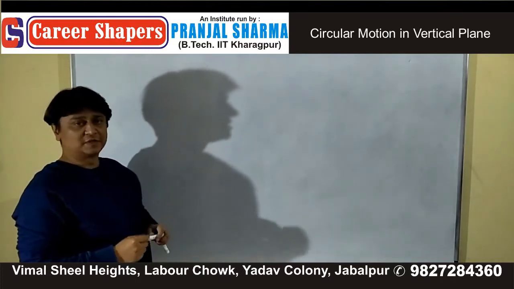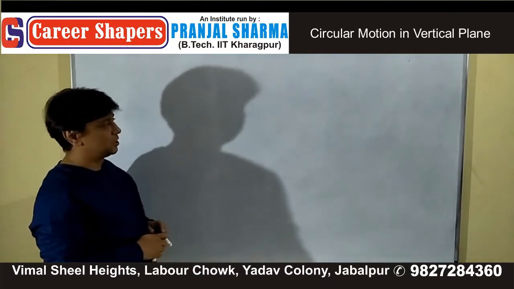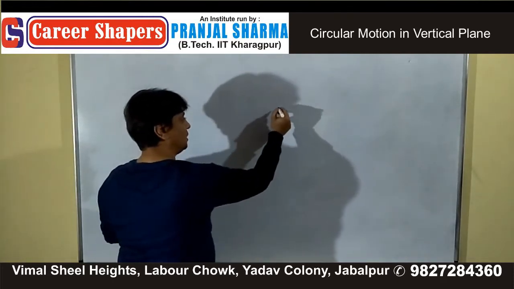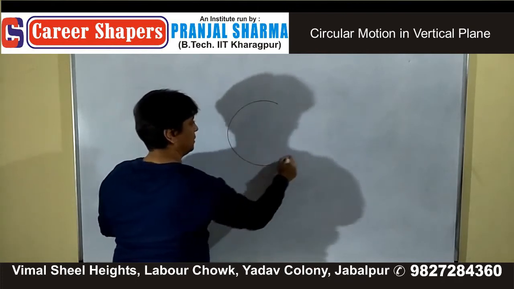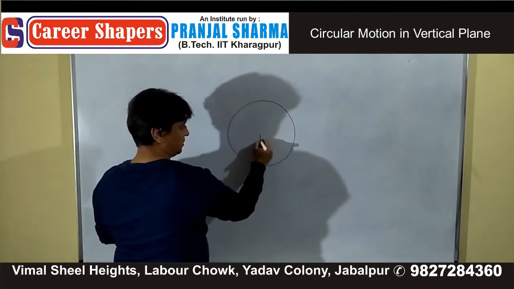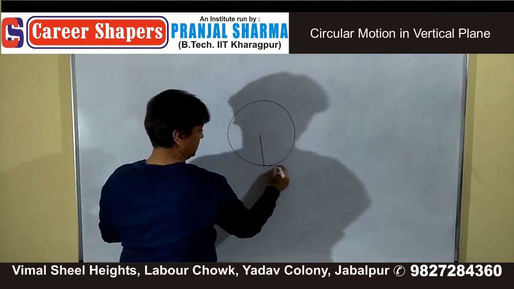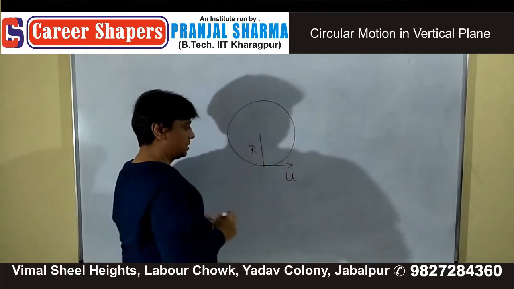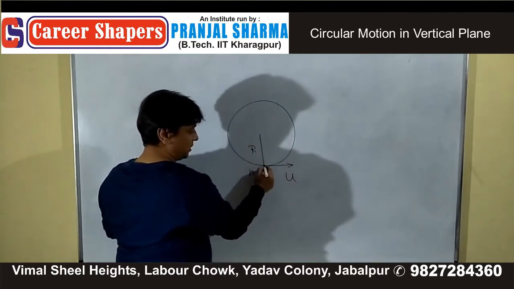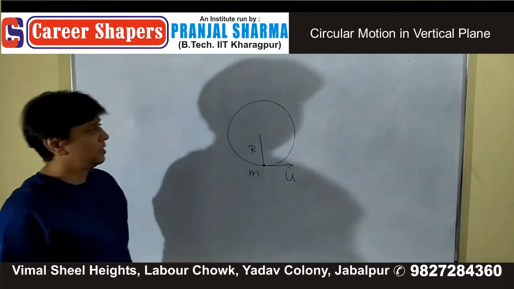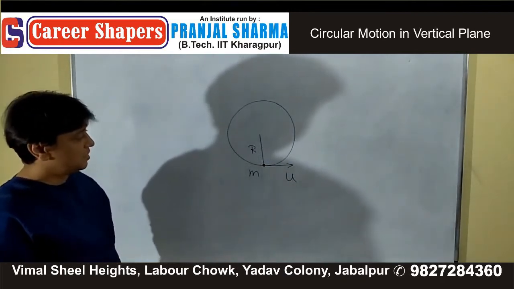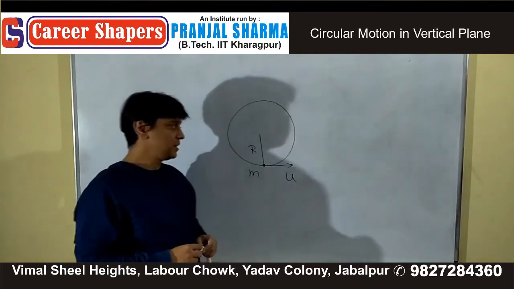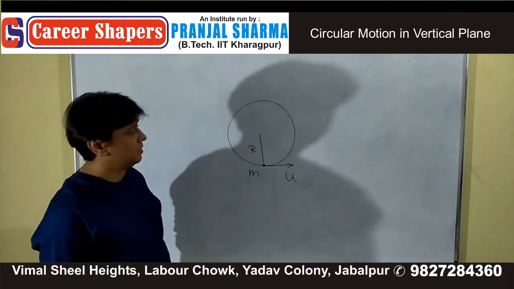Now, let's see some examples so that this circular motion in vertical plane becomes clear. Let's take the first example. This is U, this is R, mass of the point object is M. Question says, find out minimum U so that object can complete 1/4 circle.